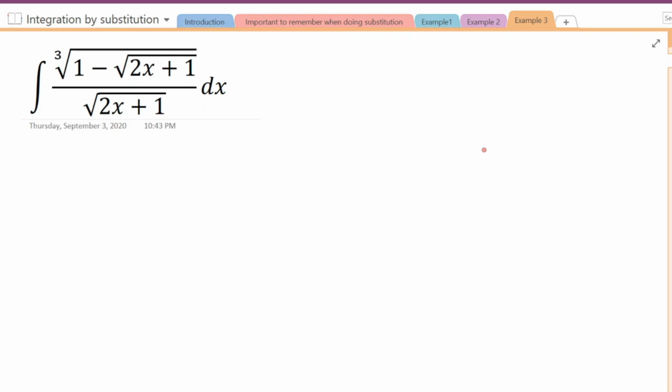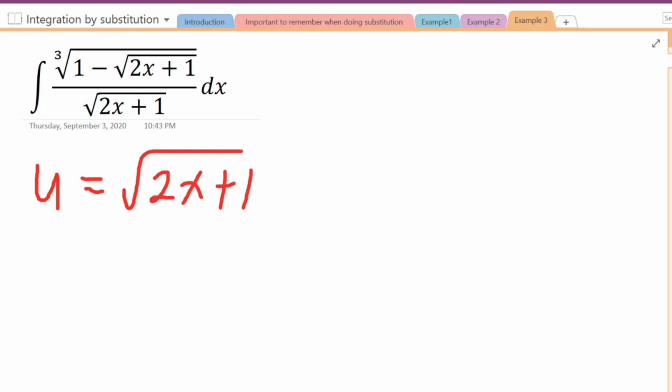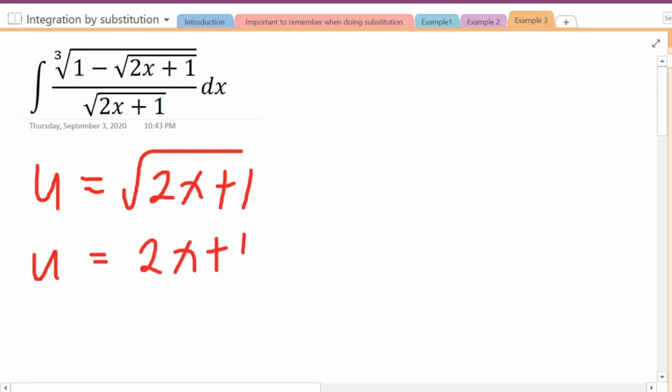Here is another example. We have a more complex integrand. So our first task is to identify which part of it should be let as the value of u. Should we let the value of u equal the square root of 2x plus 1, or you might want to simply use 2x plus 1 instead.